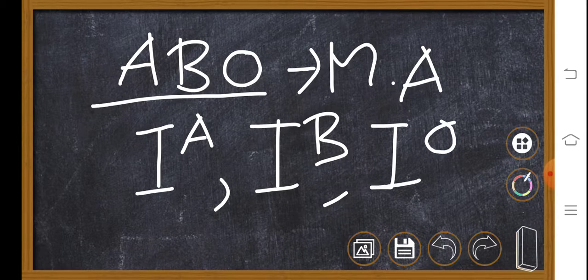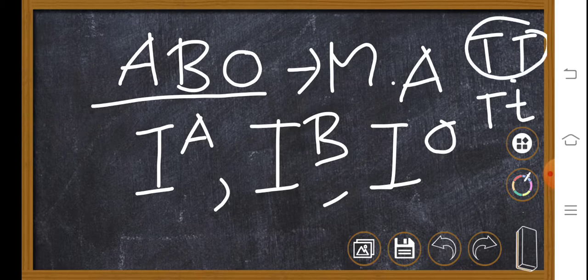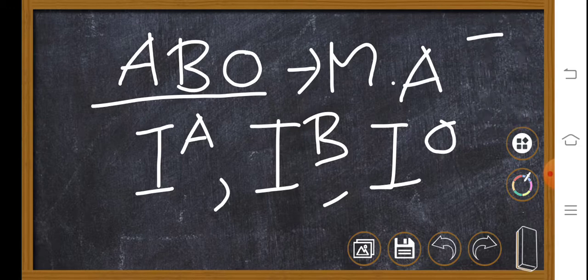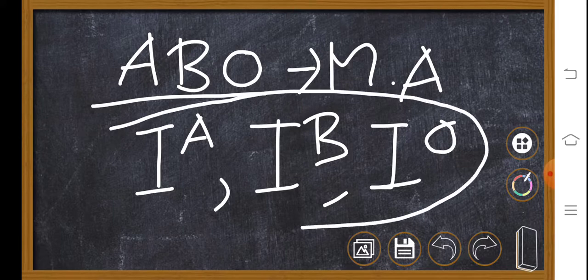Generally what we get? We get only two genes. It may be capital T, capital T, or capital T, small t. In our previous examples we got like this. But in blood groups we get three alleles: IA, IB, and I naught.